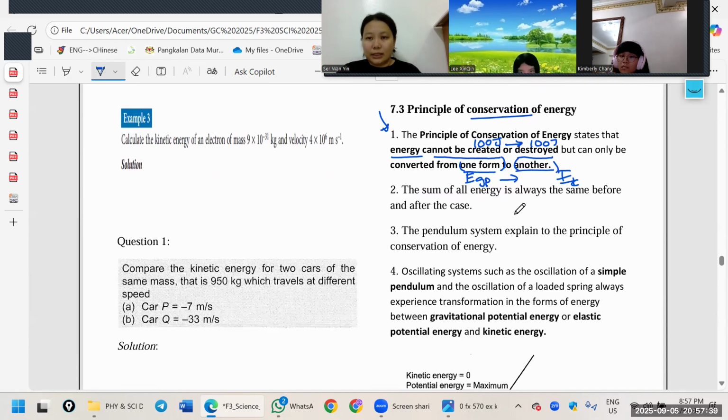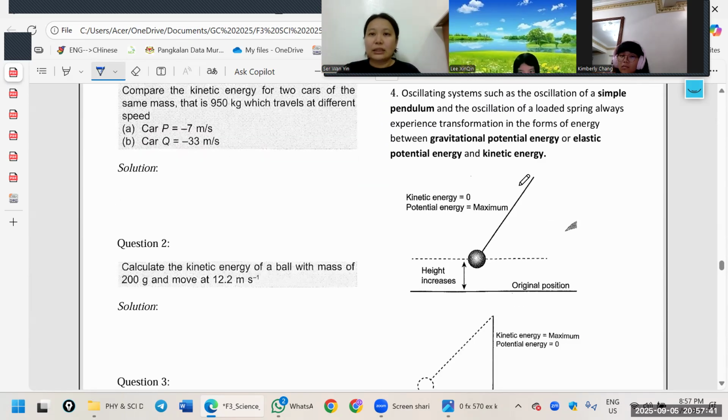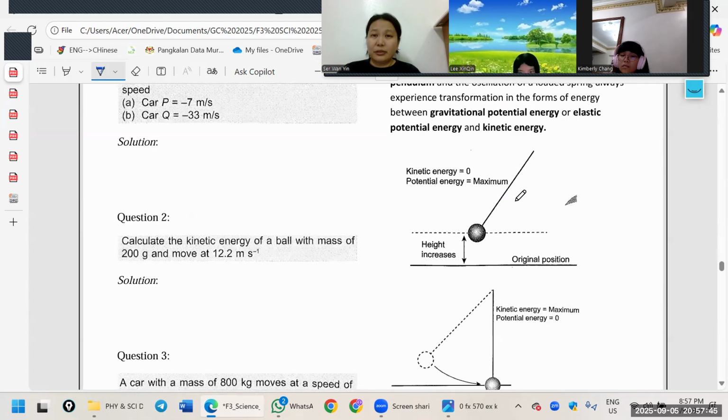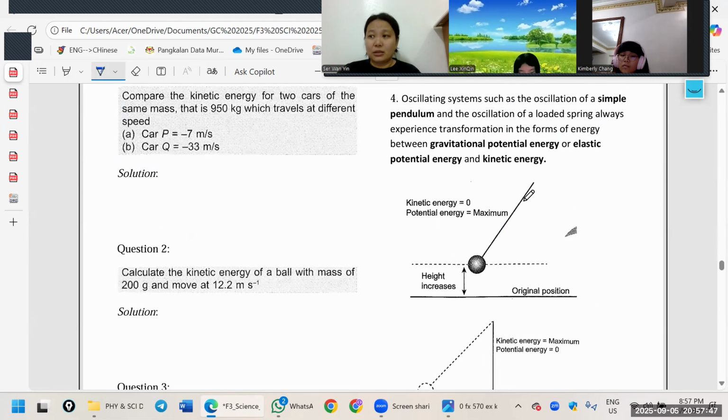Okay. Yes, good. So now let's say this is the pendulum. I believe all of you know what a pendulum is since you all learned it in primary school. So how does a pendulum swing? This is the center. Swing up, swing to the center, swing up.